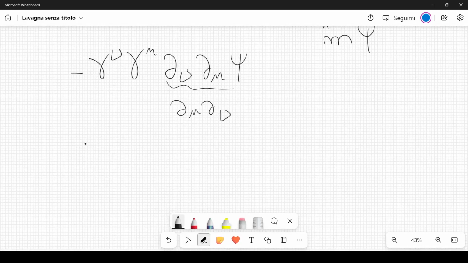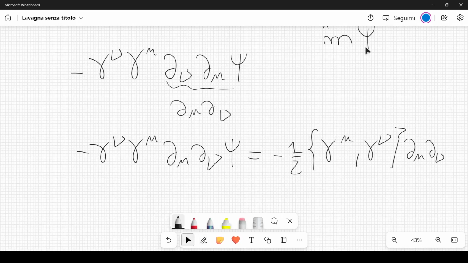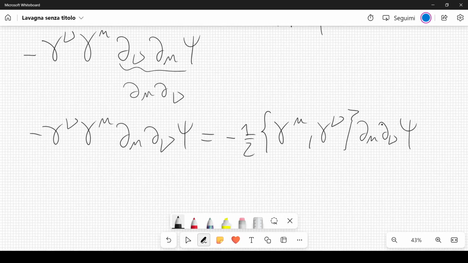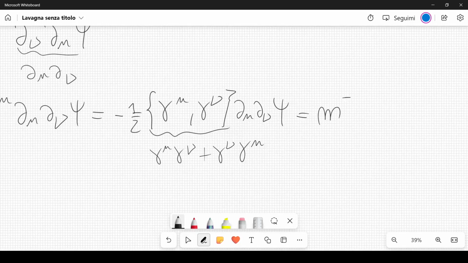And now I'm going to rewrite minus gamma nu gamma mu del mu del nu psi like this, minus 1/2, and then I'm going to write it as the anti-commutator between gamma mu and gamma nu, and then I have del mu del nu psi. And this can be done due to the symmetry of this part of the expression. So remember that this is just gamma mu gamma nu plus gamma nu gamma mu. So this is a simple property. And this should be equal to m squared psi.